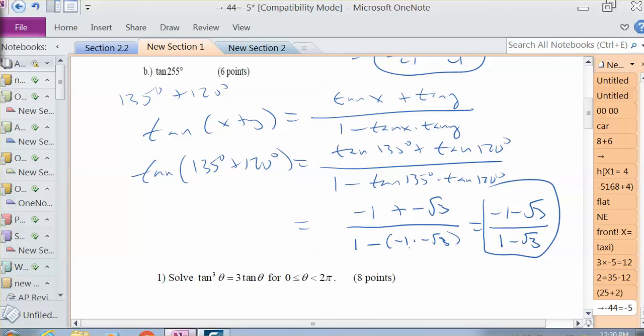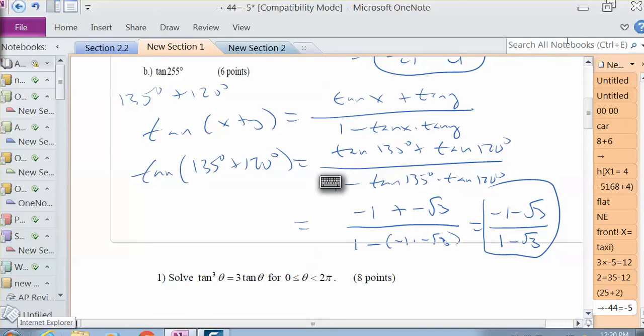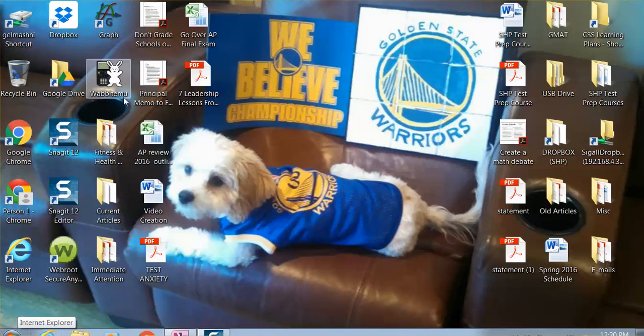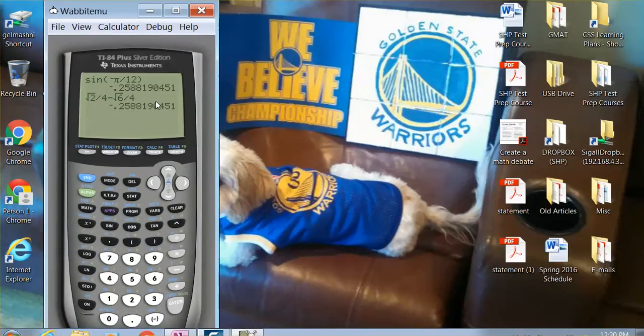Now we check. So go back to the calculator app. Tan of 255, switch our mode to degrees. Remember, this wasn't a calculator portion, so you're able to do this to check your work. Nice, okay.